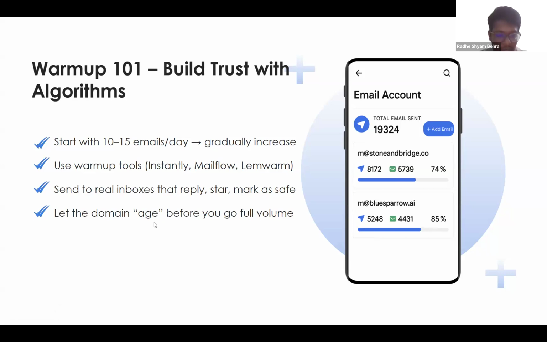As I mentioned earlier, you can add multiple mailboxes to a domain, but first try to add more domains. Once you have a lot of domains, add mailboxes to your older domains, because the older domains are going to be more warmed up and more credible. Absolutely.